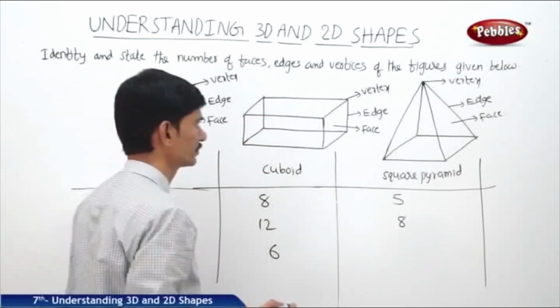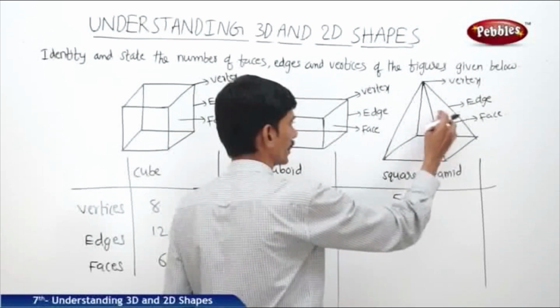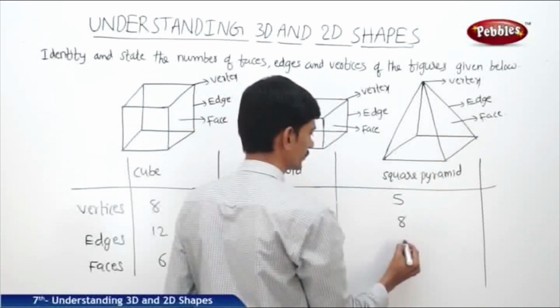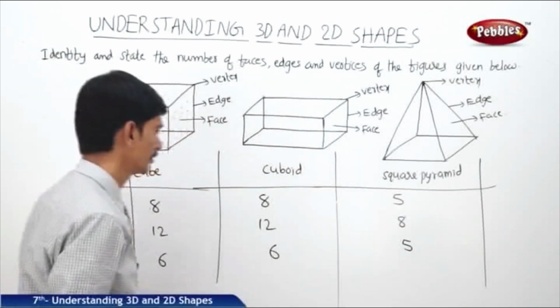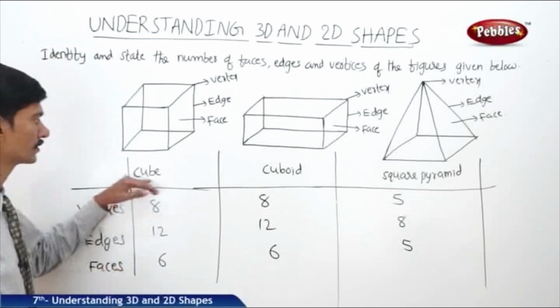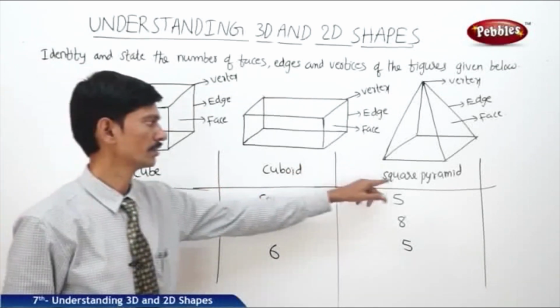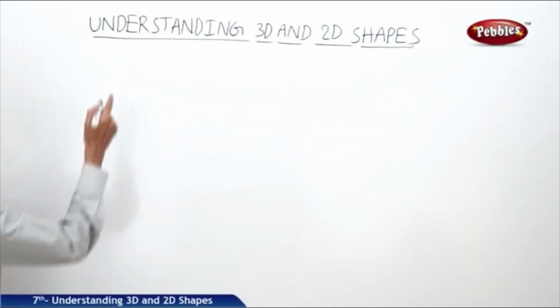Then the faces: the number of faces is 4 lateral faces plus 1, 5. So this is the number of vertices, edges and faces of different solid shapes: cube, cuboid and the square pyramid. Now let us see the next topic, that is the nets of 3D shapes.